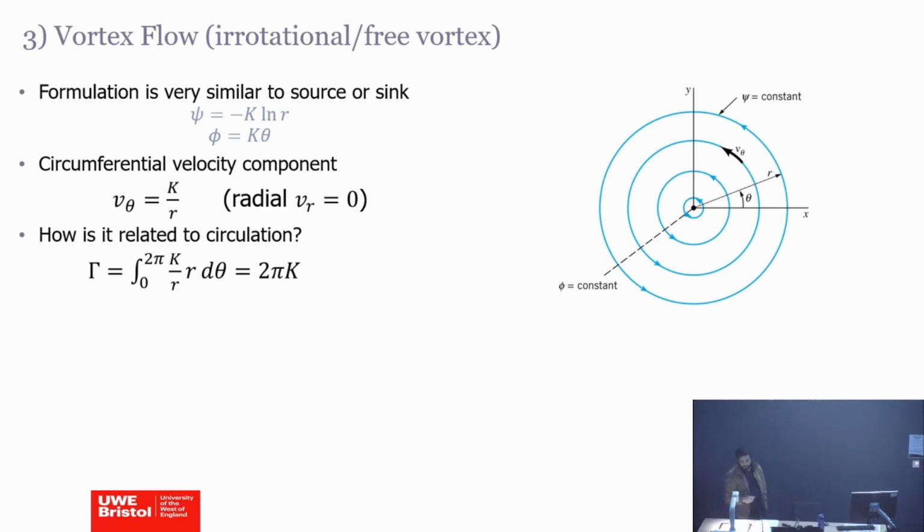If you guys remember from maths, can anyone tell me what the equation for dr is? How can I approximate this very small length of the circle in terms of r and theta? Sorry, that's a small angle, not the theta itself. This is a small angle d theta. Any guesses?